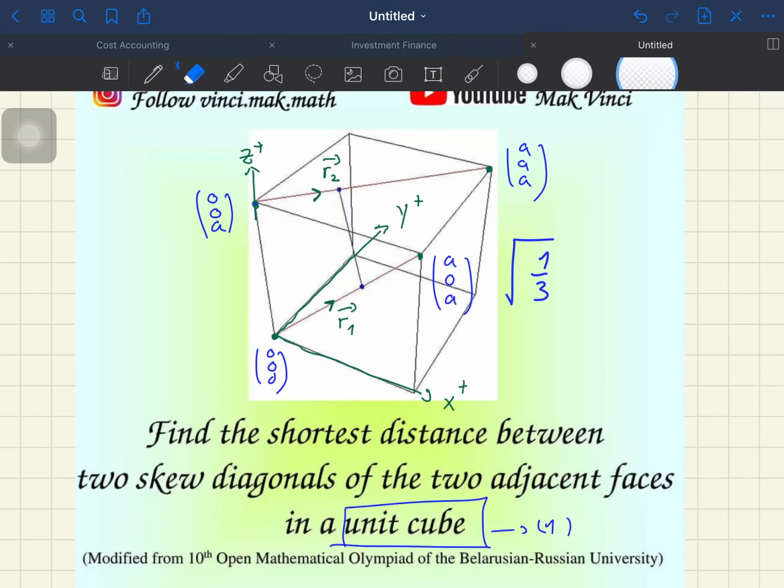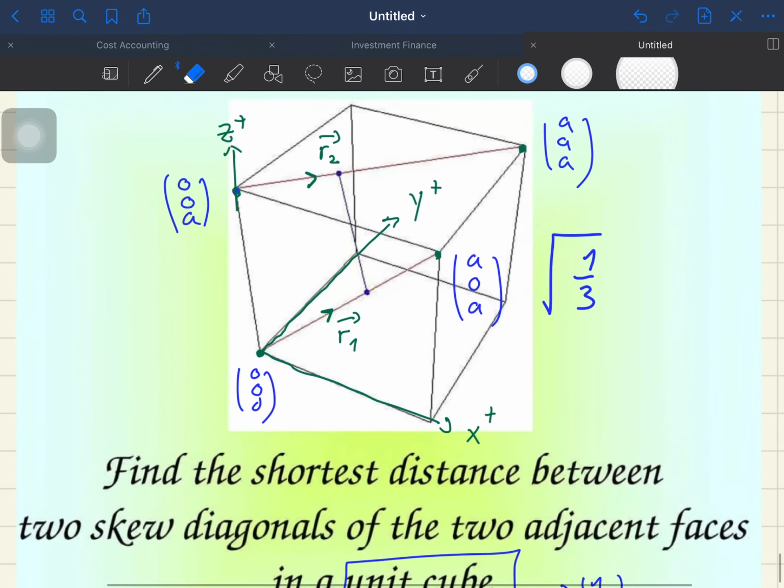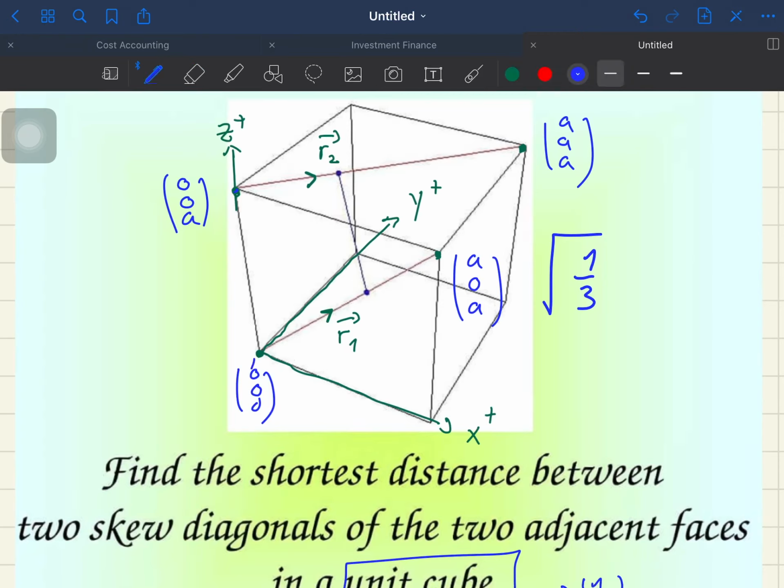So we must recognize that this length must be 1, and this length must be 1 too. Every single length of the cube must be 1.